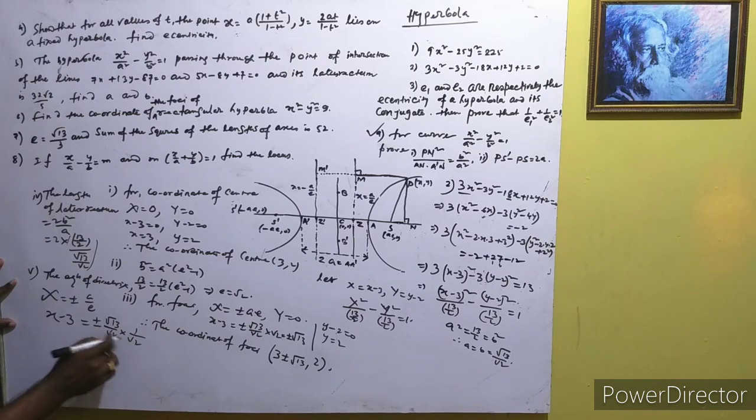So that is here 2. So 2x minus 6 plus minus root 13 equal to 0. This is the equation.